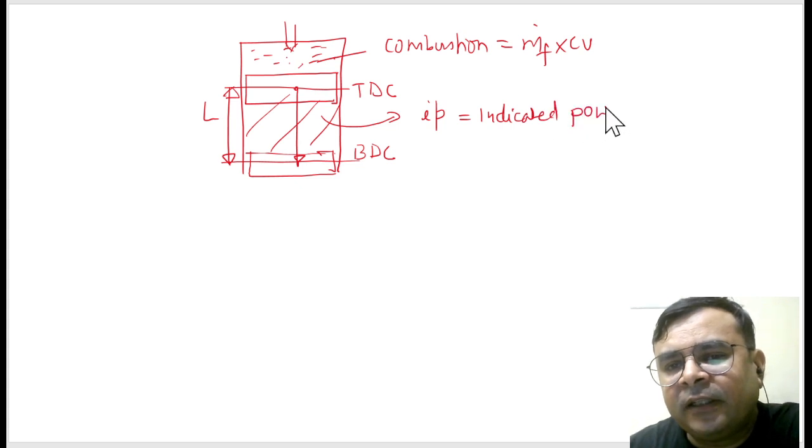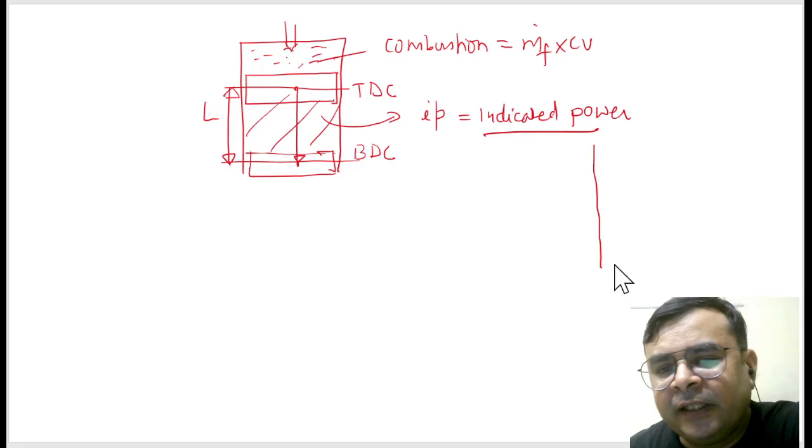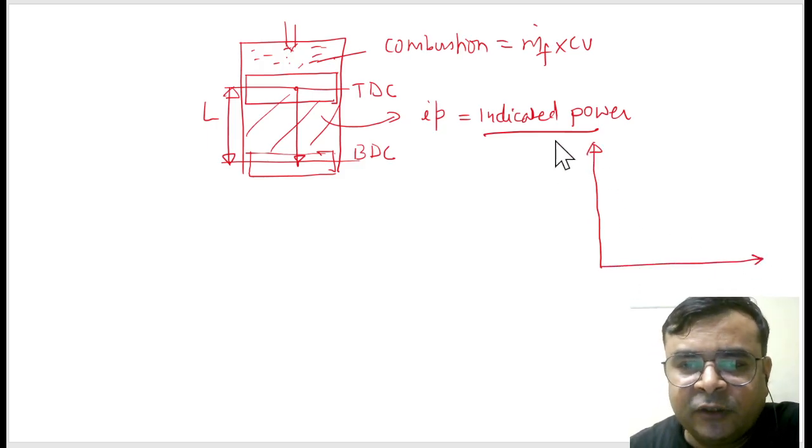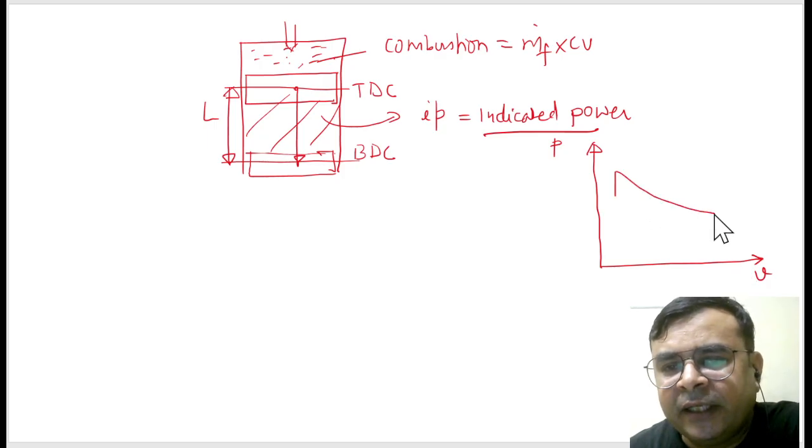Indicated power. So are you getting this? Basically, this indicated power is determined by using the PV diagram. If I draw the Otto cycle, we have the Otto cycle like this, with processes 1, 2, 3, 4.